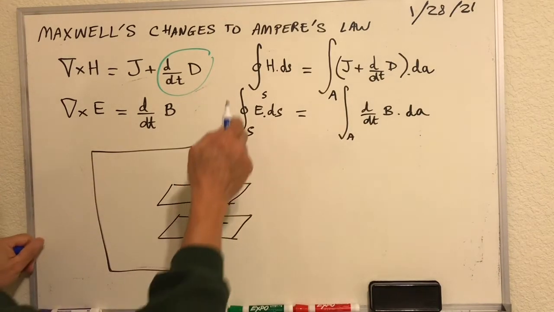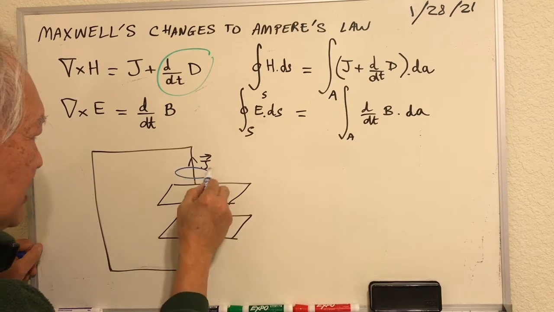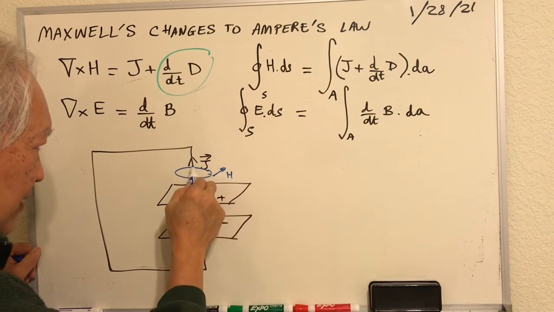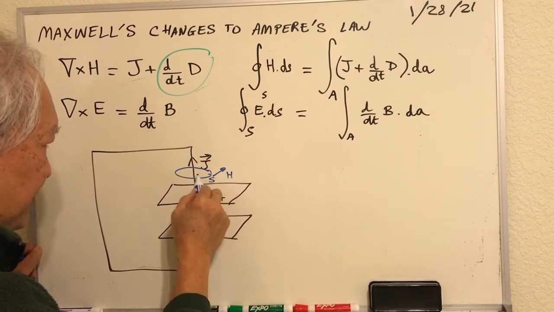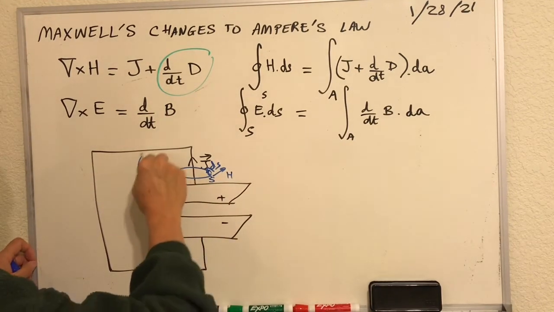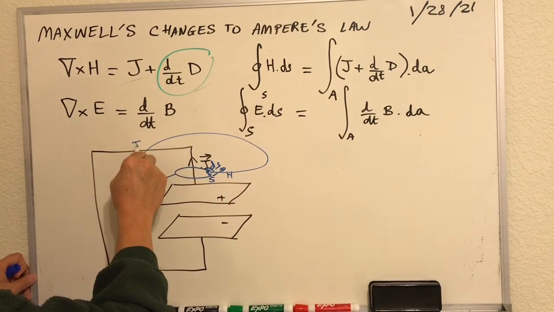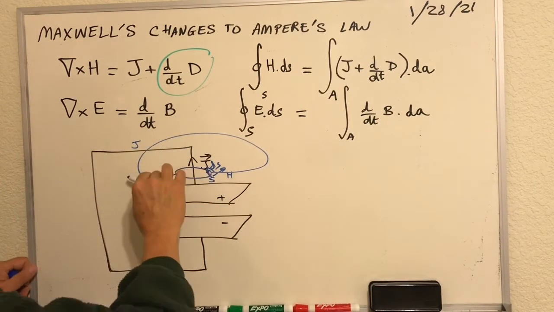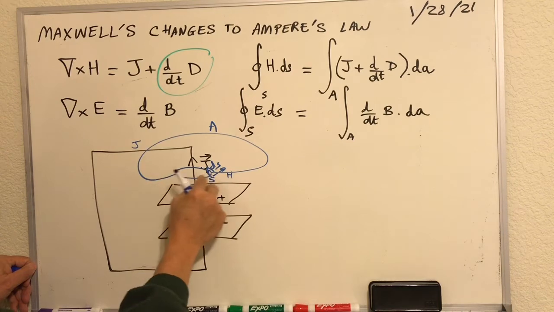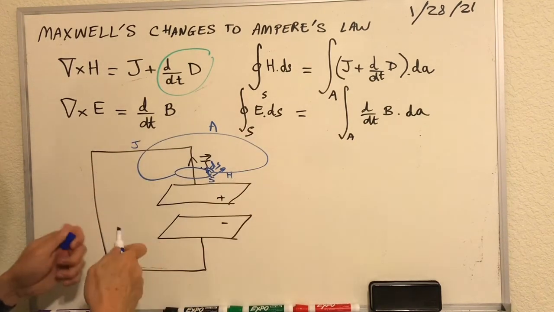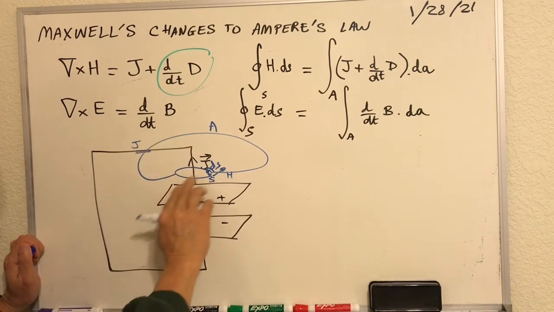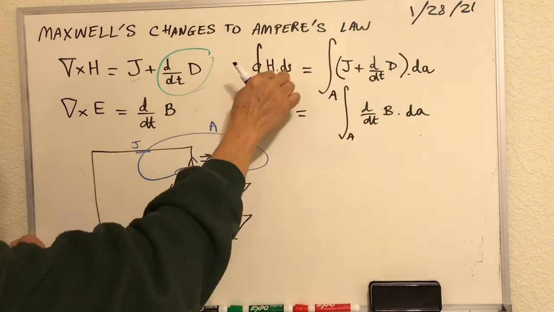What it means is if we take the integration of all the magnetic field components around a closed loop called S, it should be equal to the integration of all the J that is normal to a surface A, which is defined by the closed loop S. In this particular scenario, it makes sense because you see a J here, so you integrate and get something, and that would reflect the result as H.